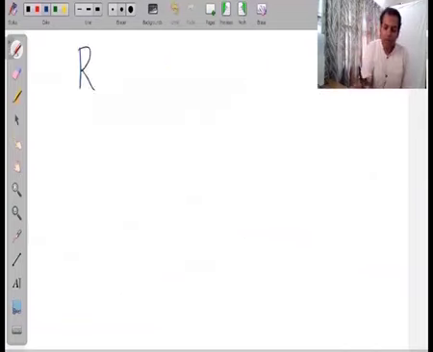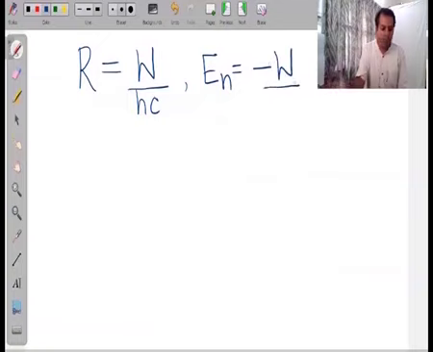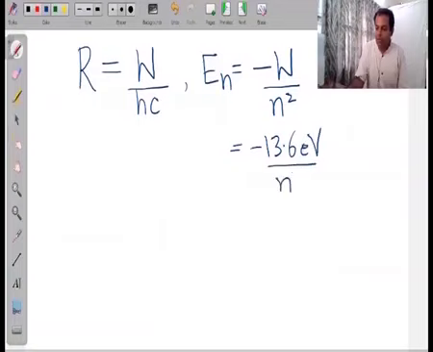R for your hydrogen atom is given by W upon hc, where E_n is minus W upon n square, or minus 13.6 eV upon n square.